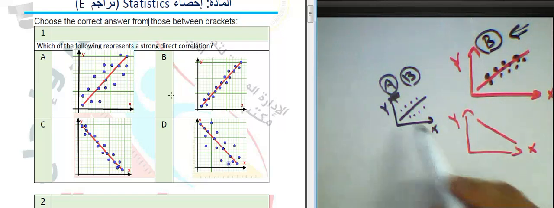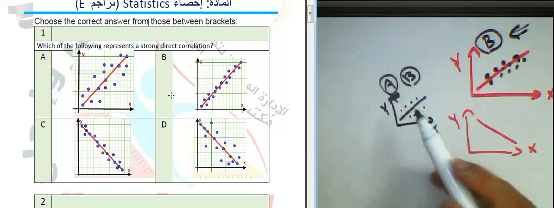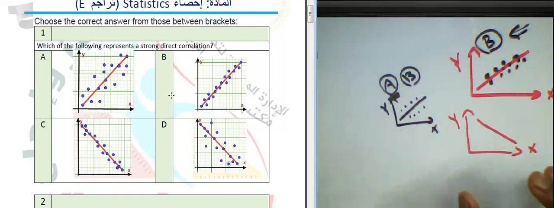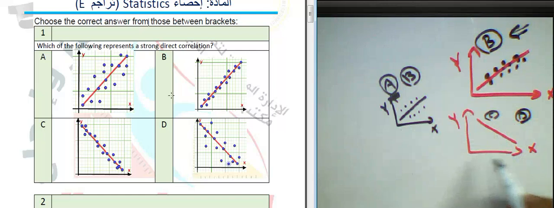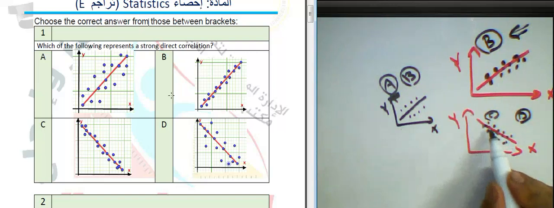Understood? But letter A, we call it what? Median direct correlation. And what about letter C and letter D? Letters C and D, we call inverse relation between x and y. In C, all points are nearest to the line segment, so we call it what?